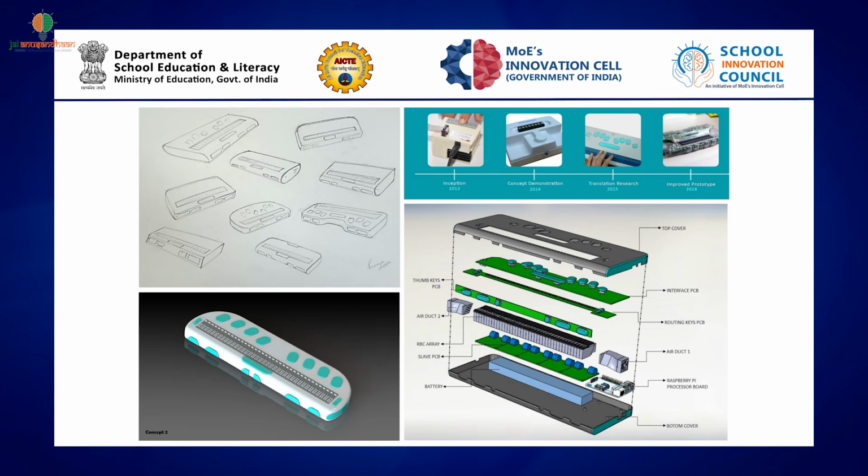The top left, where you see several sketches, shows some initial sketches of how the product would look. Then the bottom left image indicates the CAD model, which I created using a software called SolidWorks. Then on the top right, you can see the functional prototype journey.